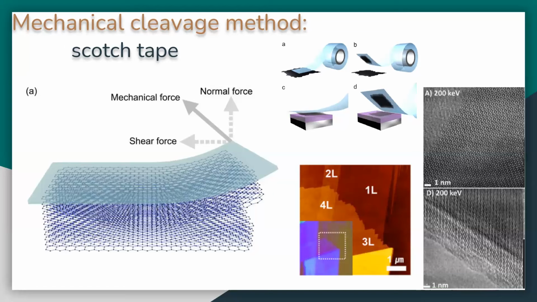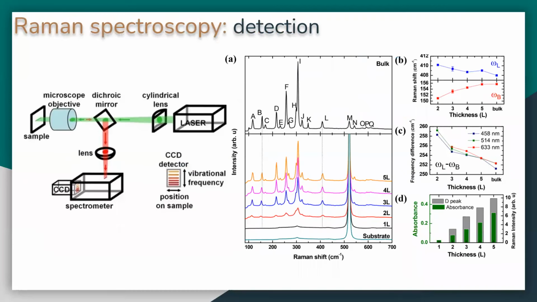Okay, now that we have covered the exfoliation process, we can talk about how the number of layers are identified, and this is done through Raman spectroscopy. And before getting into the setup and results for the layered chromium thiophosphate identification, I first want to cover how Raman spectroscopy works.